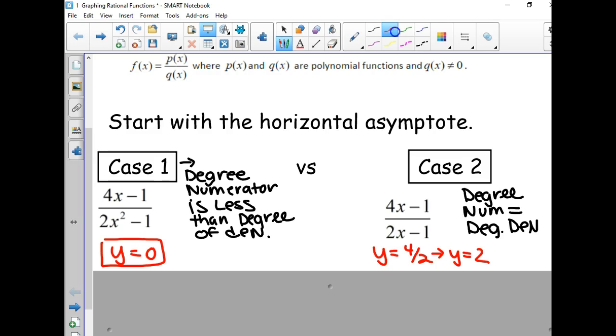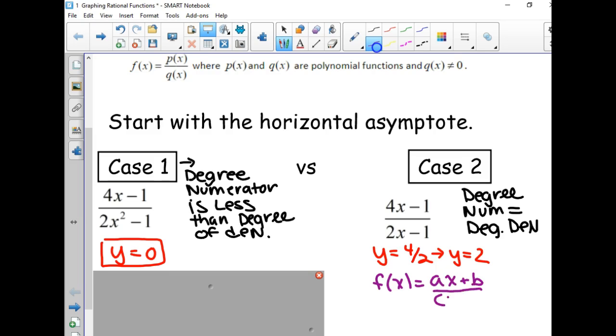So we need to write a little note to ourselves for case 2, and there's not a lot of room, I apologize. If I say the function is a to the x plus b over c to the x plus d.